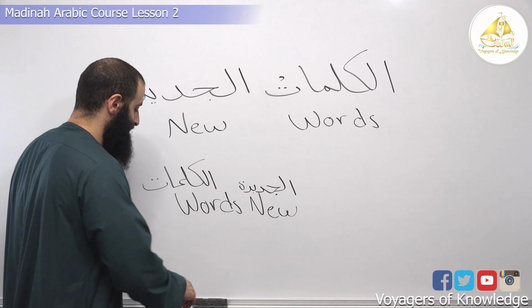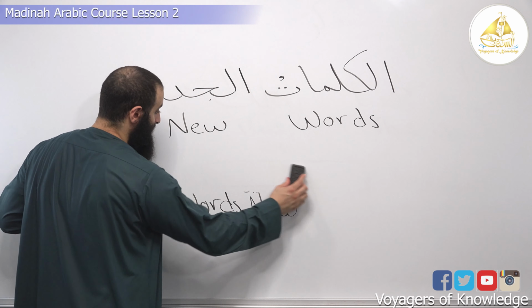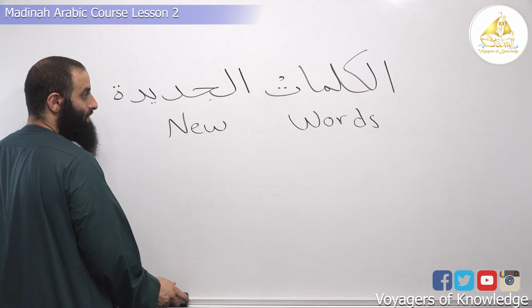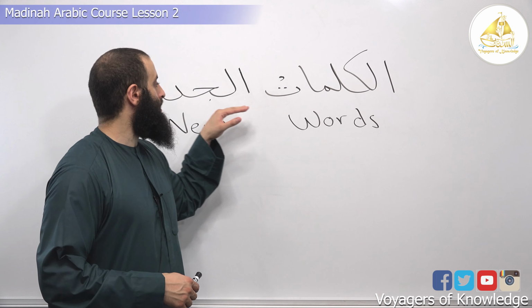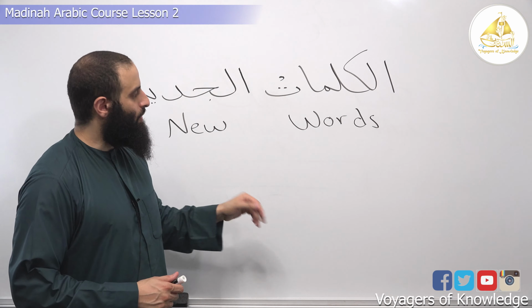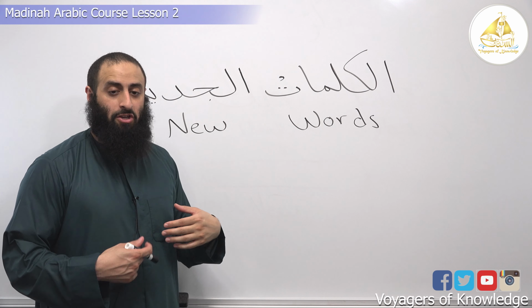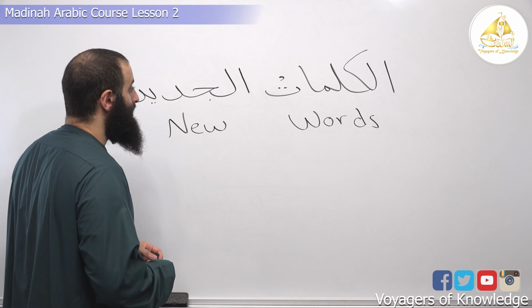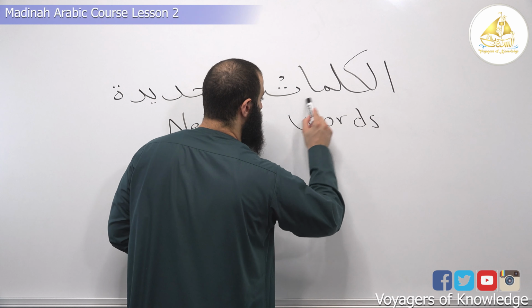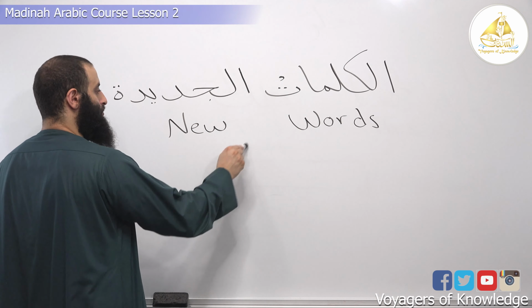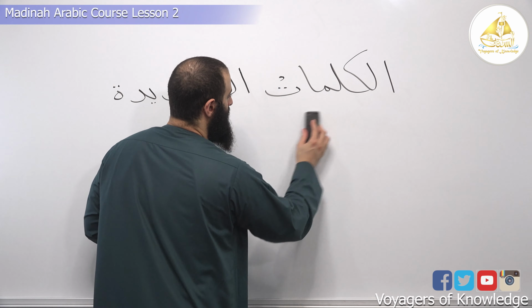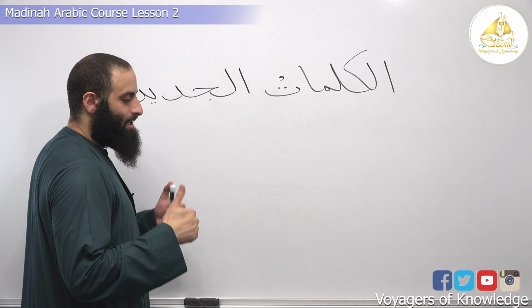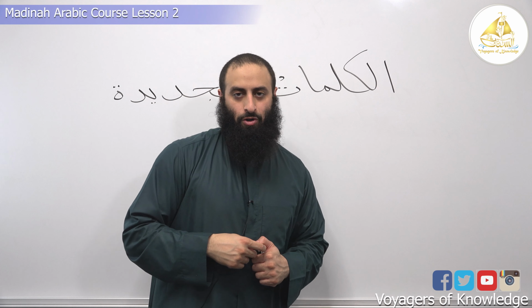You can't say that. It's not the description lesson, but it's important to know because kalimat means words and jadida means new. So why does it say words new? Because how you describe something in Arabic is the thing you're describing comes first, then the description. So really, الكلمات الجديدة means the new words.